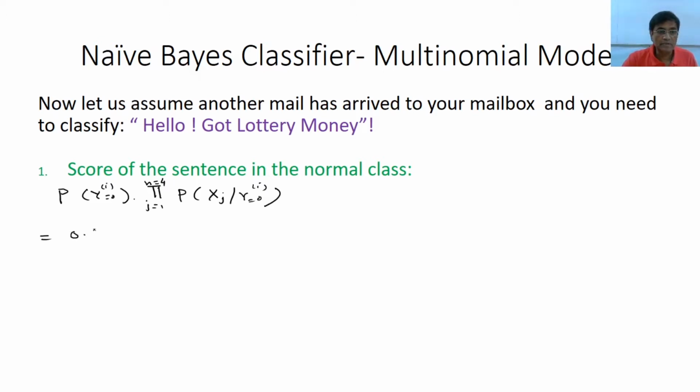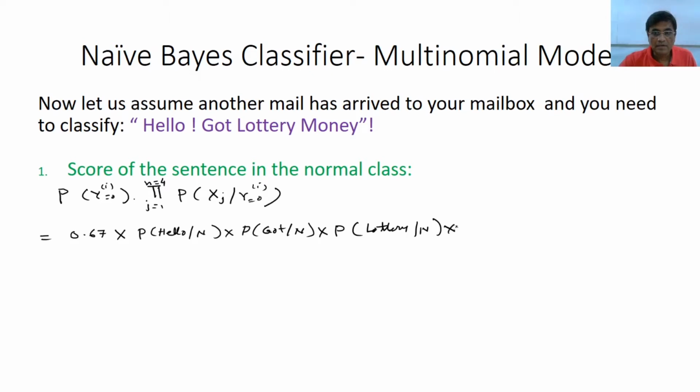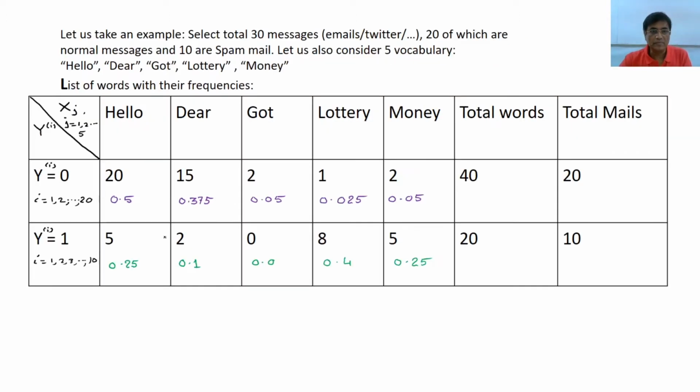What is the prior probability of that class? 6/7 as earlier, times probability of hello given normal, probability of got given normal, times probability of lottery given normal, times probability of money given normal. So just get those values from here.